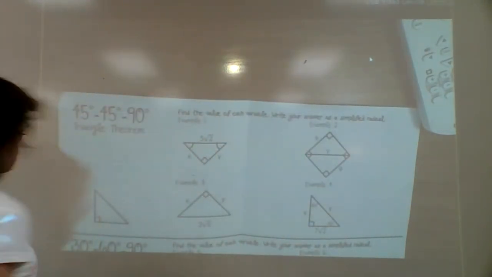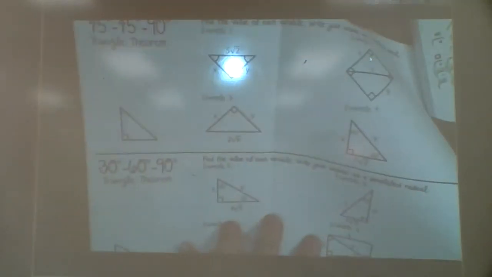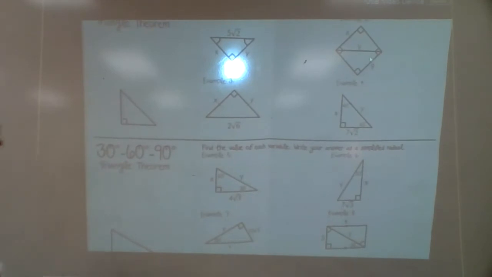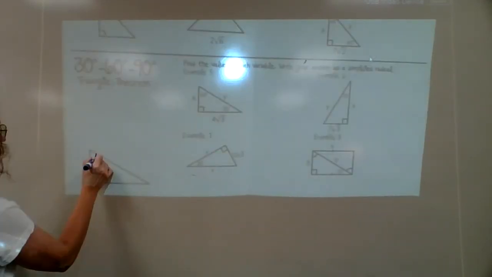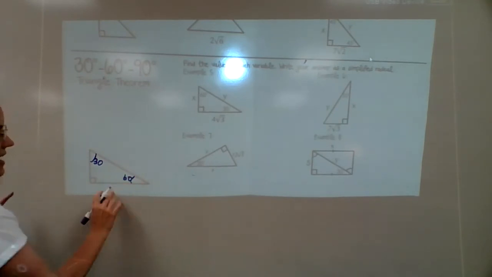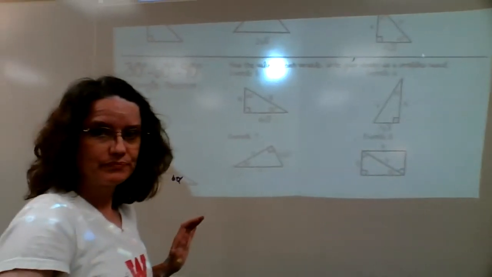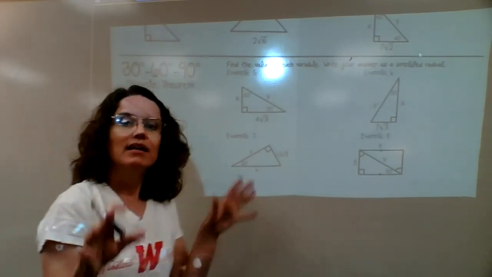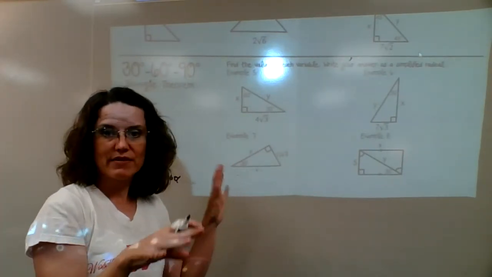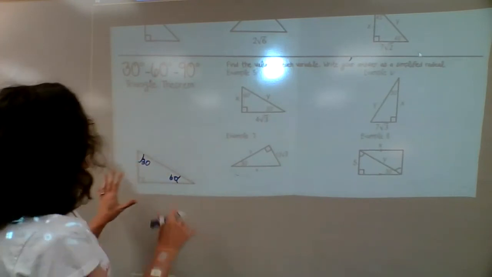For your 30, 60, 90 triangles, you're going to have the same thing happen. Okay? So if you have a 30 and a 60 and a 90 in here, and I know it's kind of dim, but you can find this printed in your drive and available for you in the module. Okay?